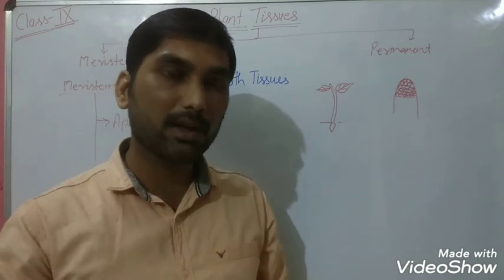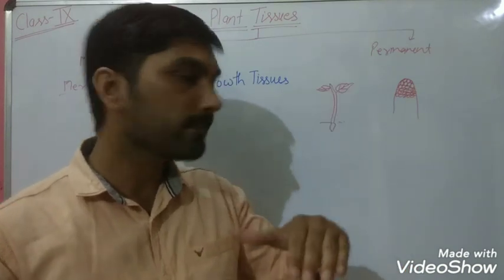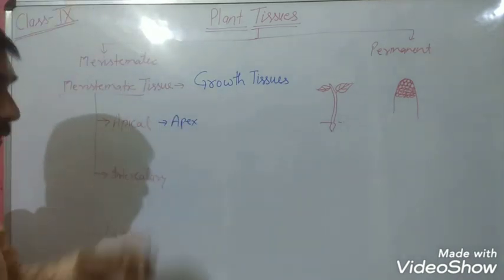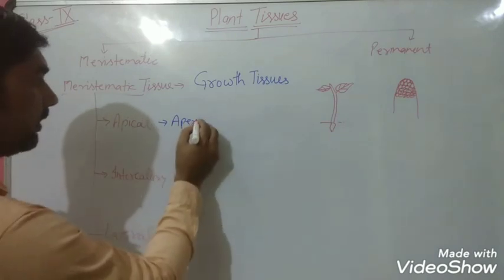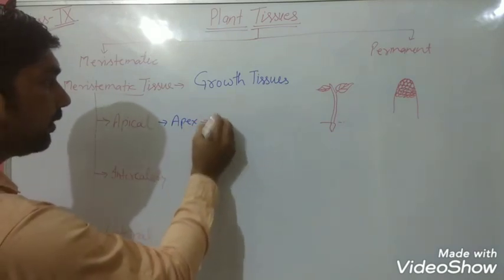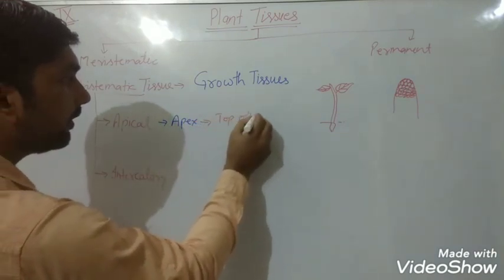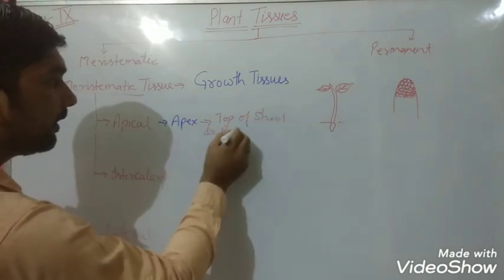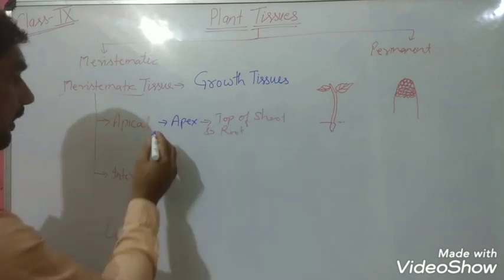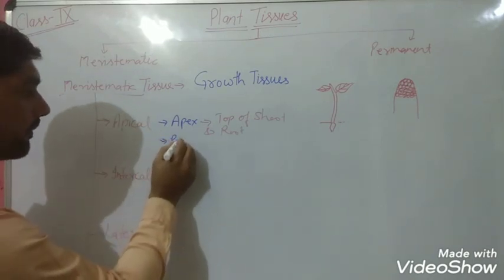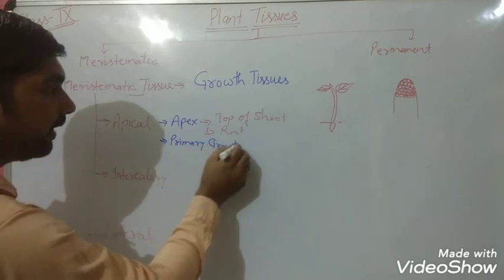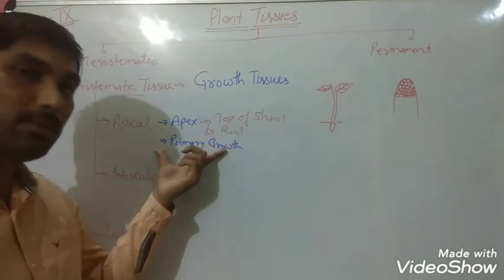Primary growth means what? Growth in length. So this tissue, apical meristematic tissue, is responsible. Apical, where at the top of shoot and root, and this is responsible for the primary growth of the plant.